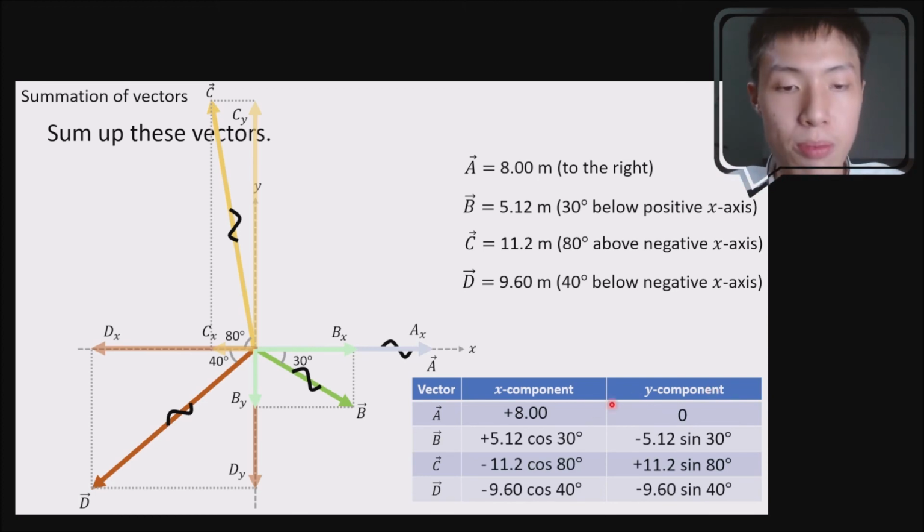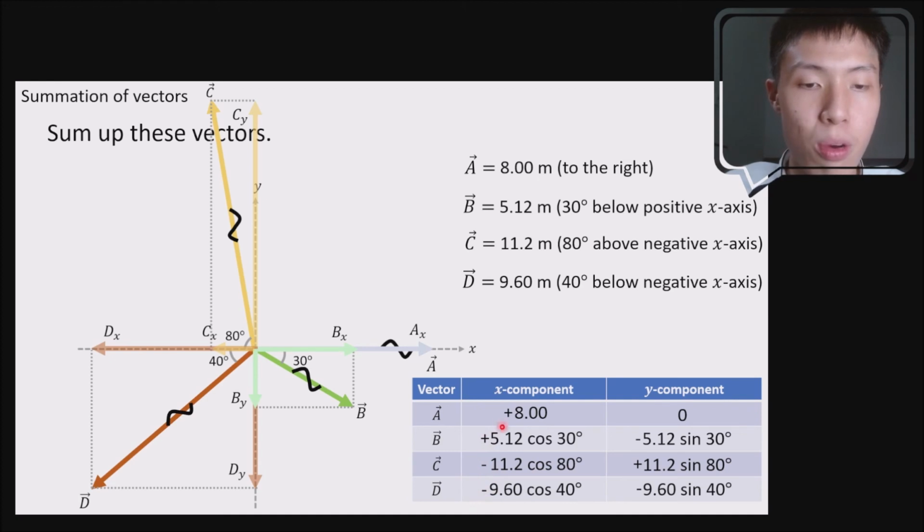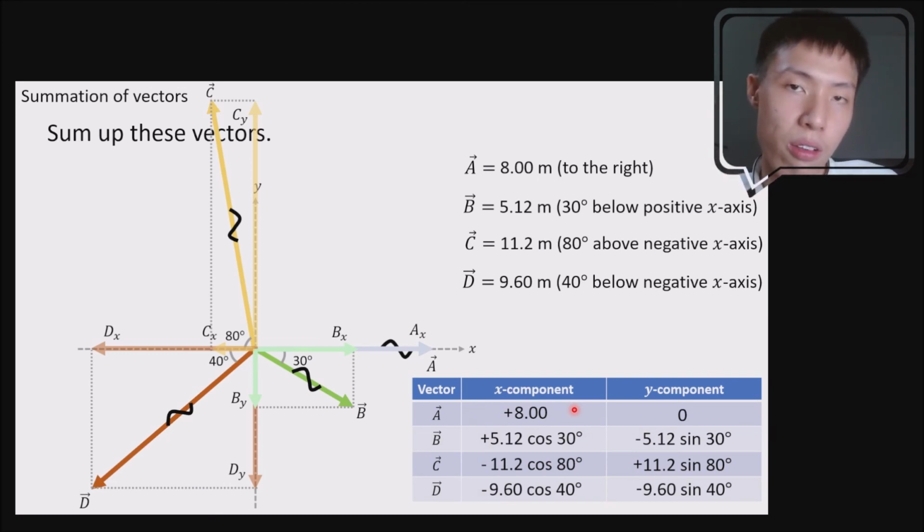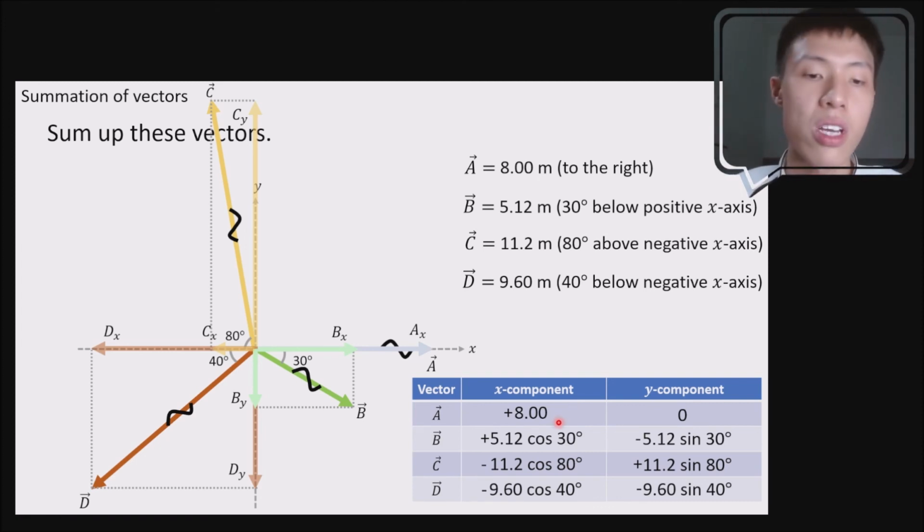When you fill in the table, make sure you check the direction, whether it's pointing in the positive direction or the negative direction. Then by determining whether you are obtaining the length of the opposite side of the triangle or the adjacent side of the triangle, you will determine whether it's cos or sine.